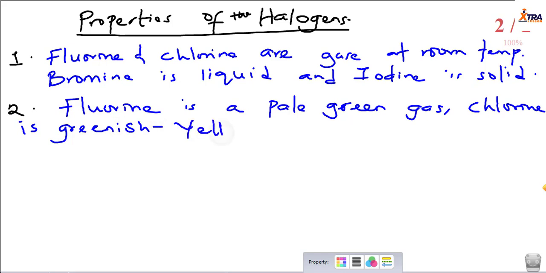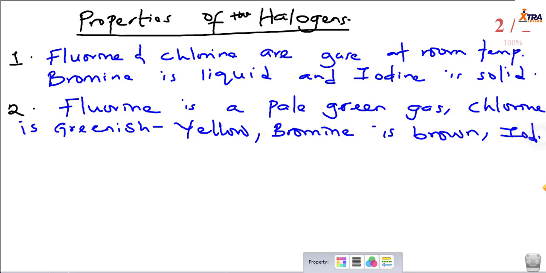It is greenish yellow in appearance. What do you call greenish yellow? Lemon. So you can say chlorine is a lemon gas, a greenish yellow gas. Bromine is a brown liquid. And iodine is a black solid. Iodine is black.